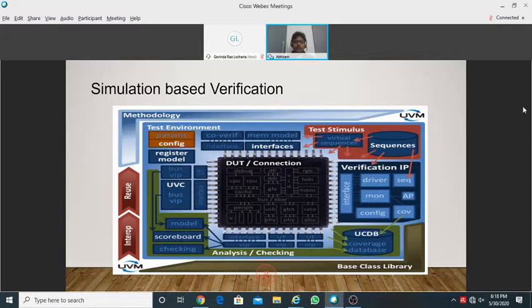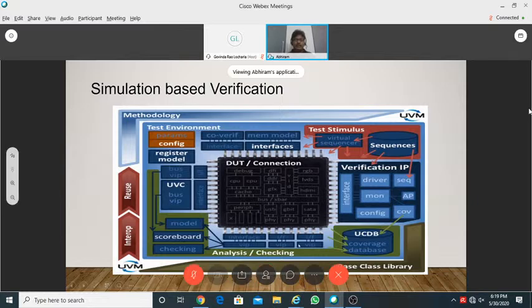For example, your DUT says it supports USB, so you have a corresponding verification IP of USB. You integrate that VIP here, which complies with the same specification. Suppose your SOC has USB 3.2, so you connect a verification IP which complies with that. Similarly for gigabit Ethernet and also for SAS SATA. So you integrate all the verification IPs.